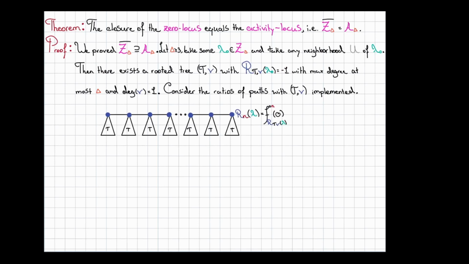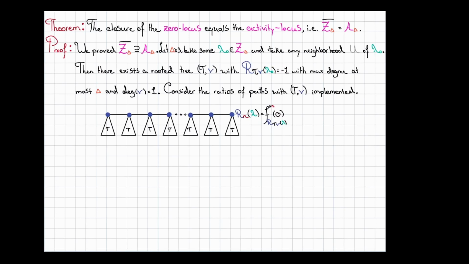There's a slight technicality that common zeros of z in and z out can cancel, but I won't focus on that. But there's a theorem, by White, that says there is actually a tree with a degree 1 vertex that we can implement. So what happens if we now start implementing this tree?